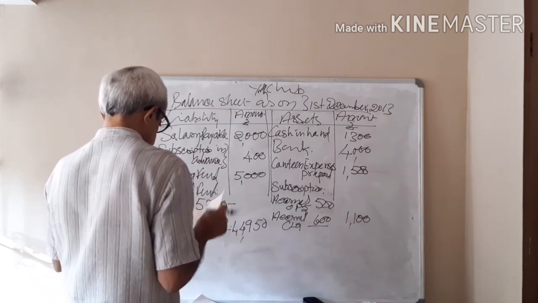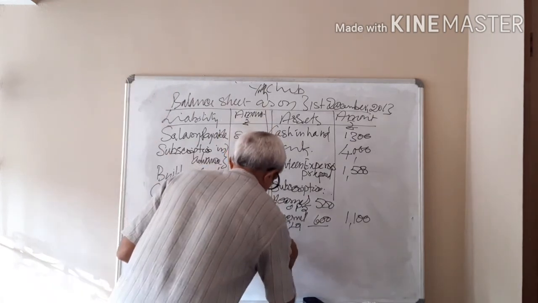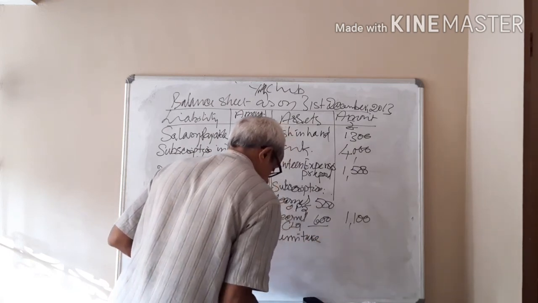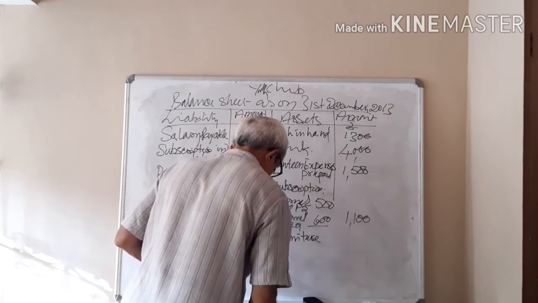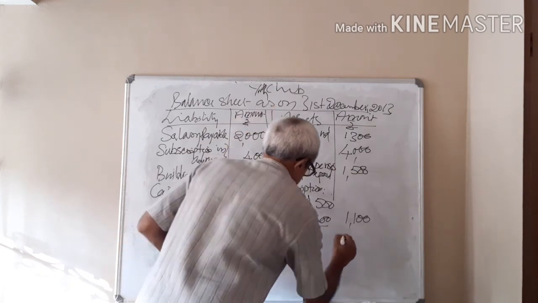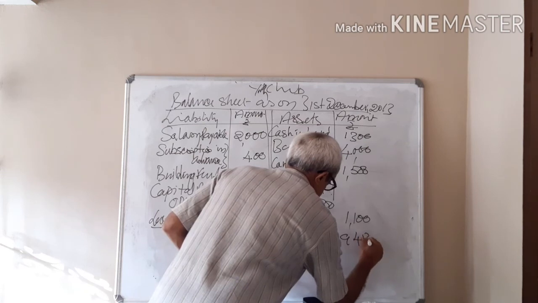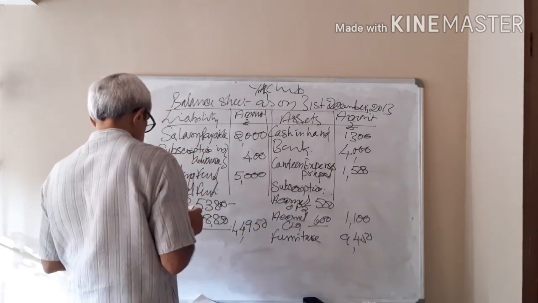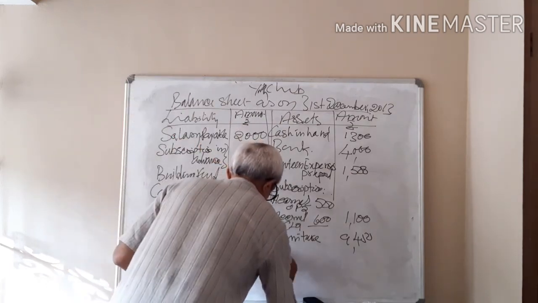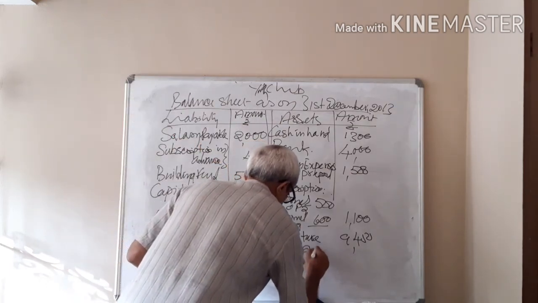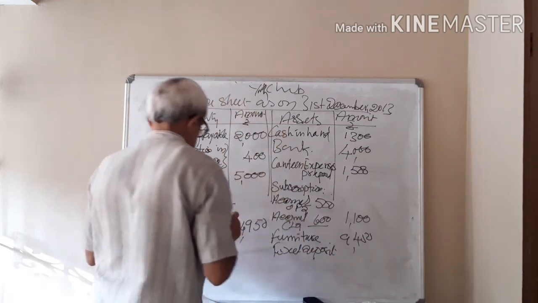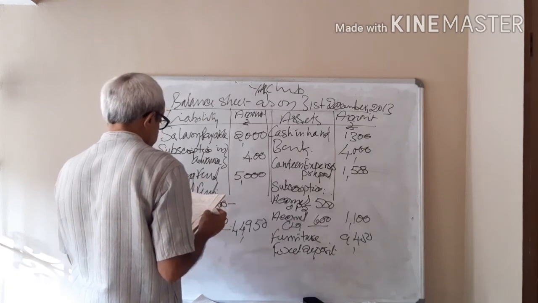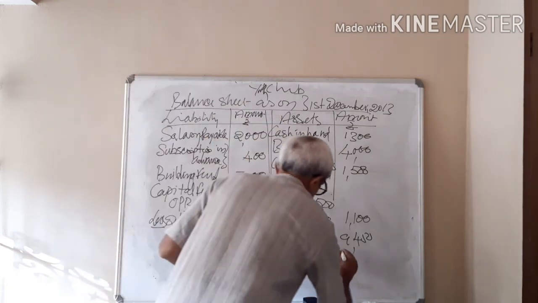And the next is furniture. Furniture, that is from the adjustments. We may write this 9,450 and then is fixed deposit. There is no adjustment with regard to fixed deposit, therefore that amount may be directly written, that is 10,000.